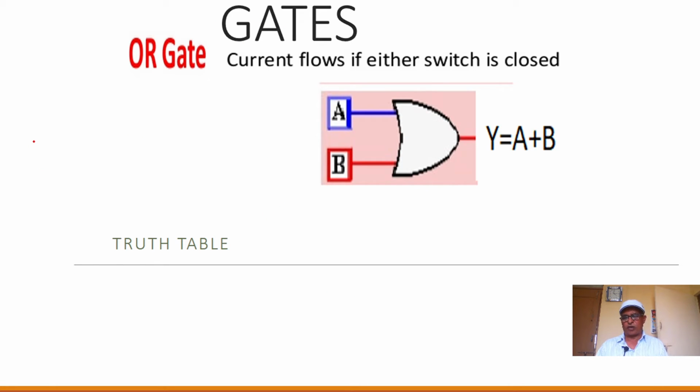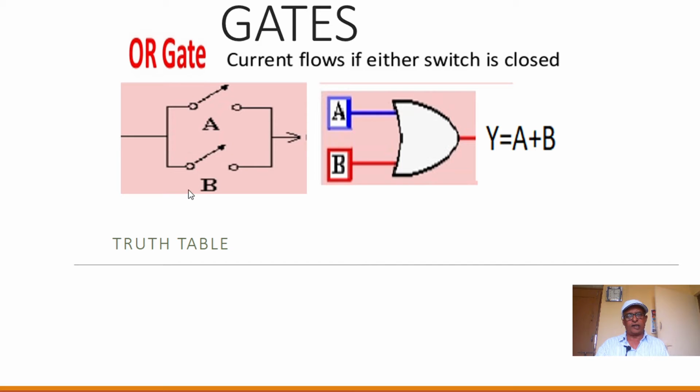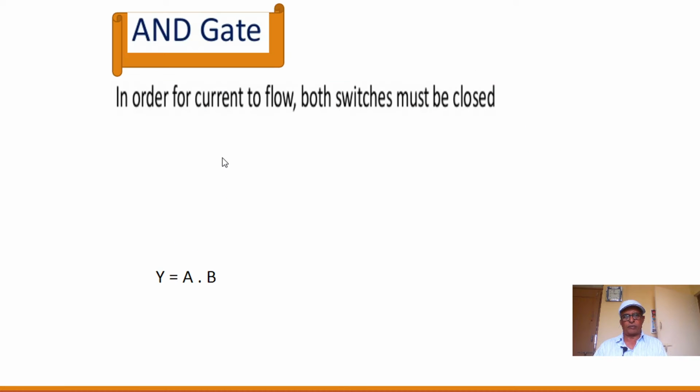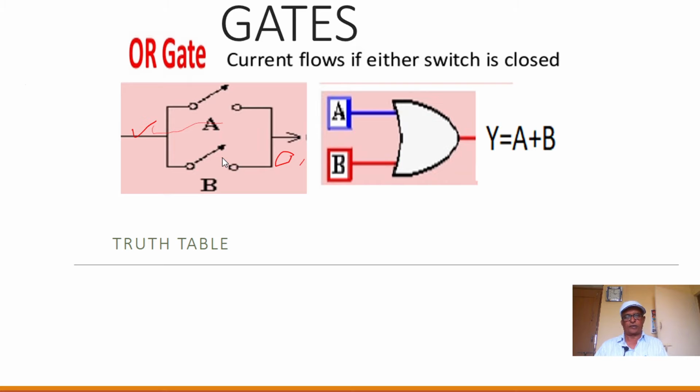So this is the OR gate. In this OR gate, if we consider a simple electric circuit, then the input is connected to the output through a parallel combination of switches.